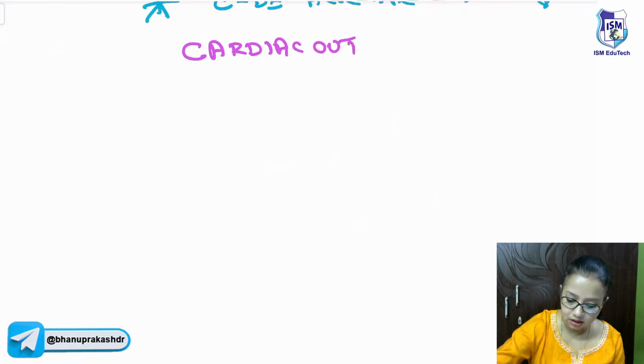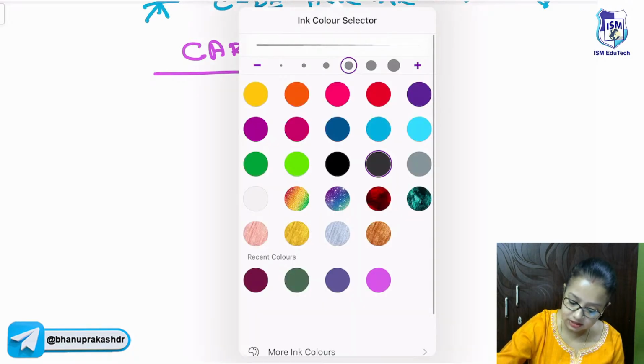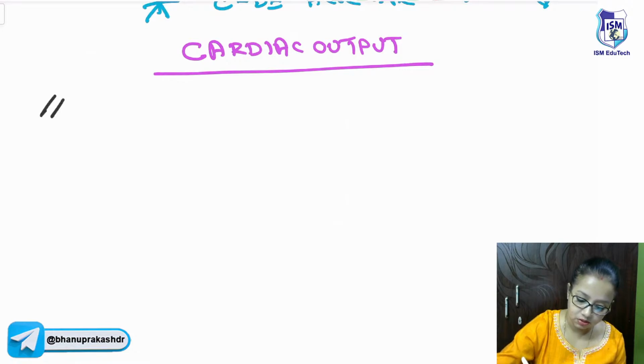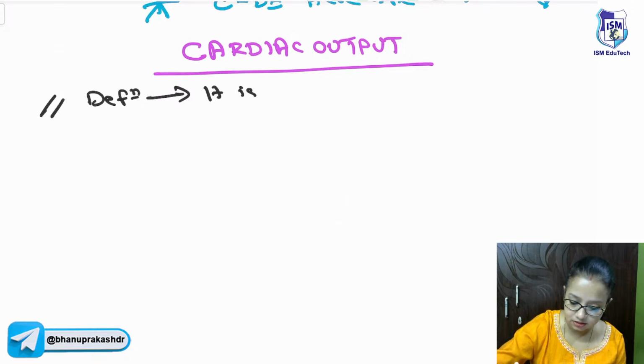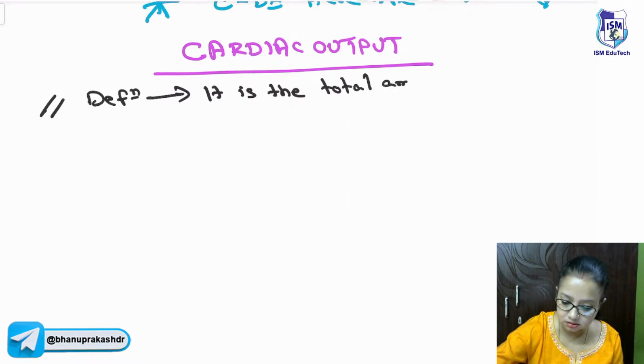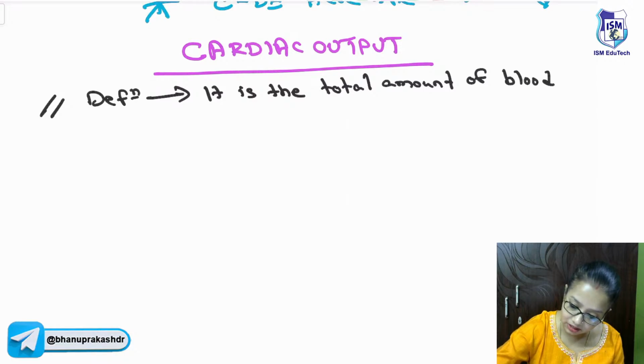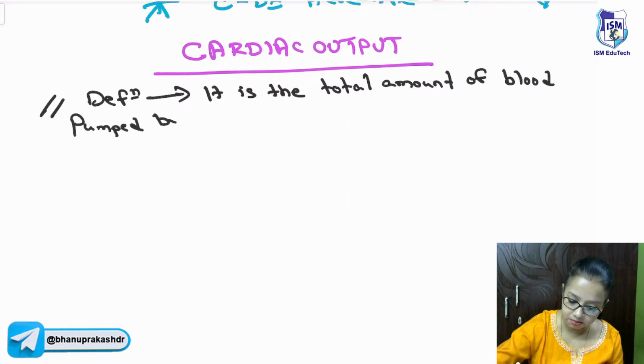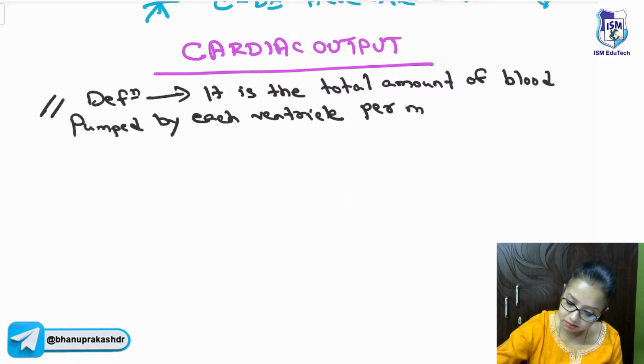Cardiac output, going by the definition, is the total amount of blood pumped by each ventricle per minute.